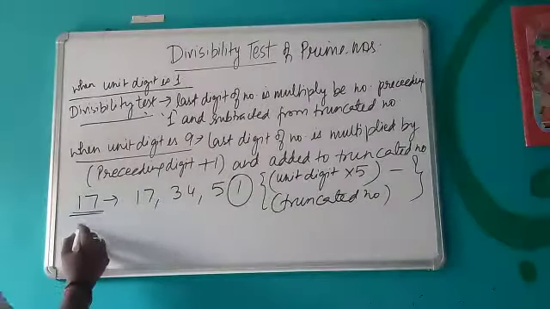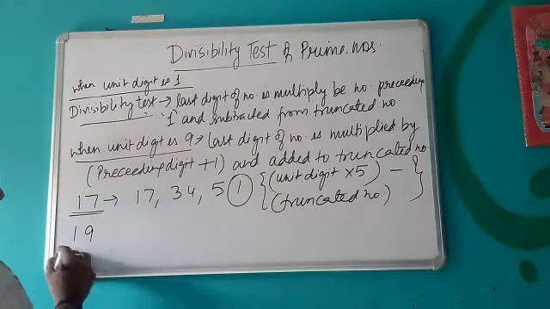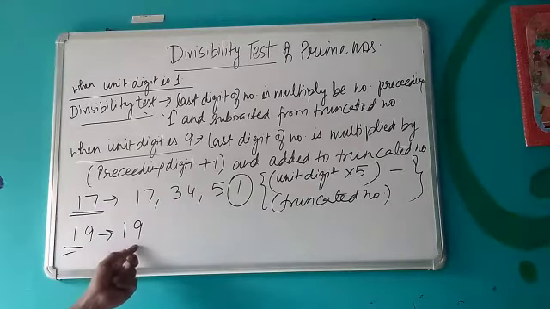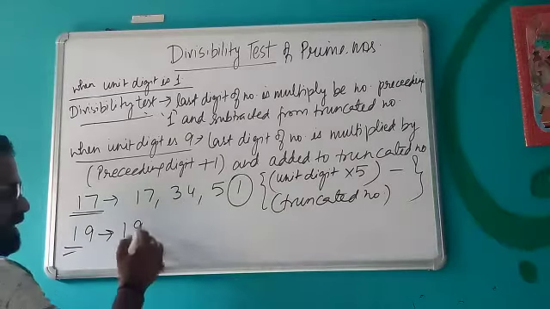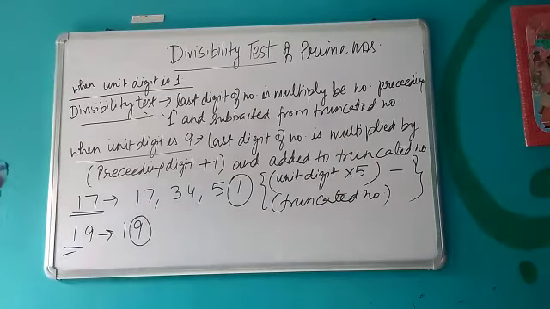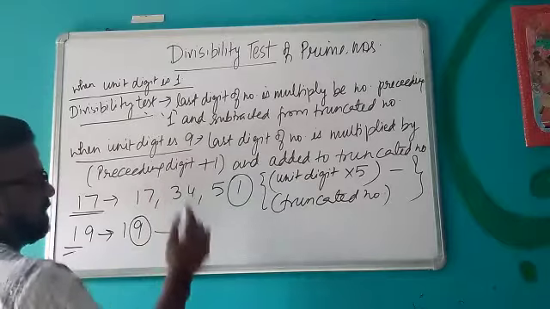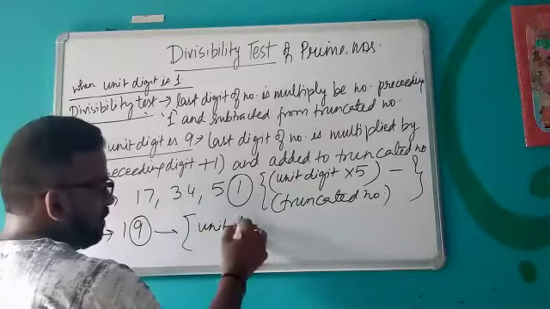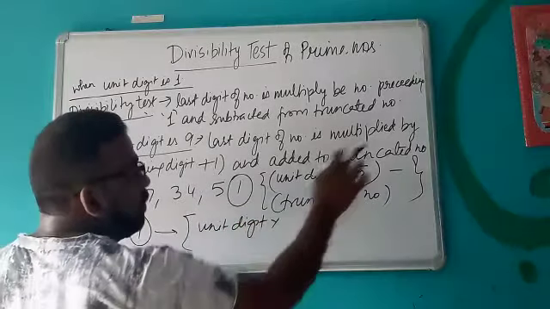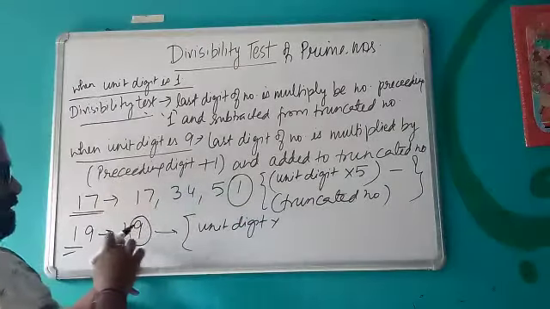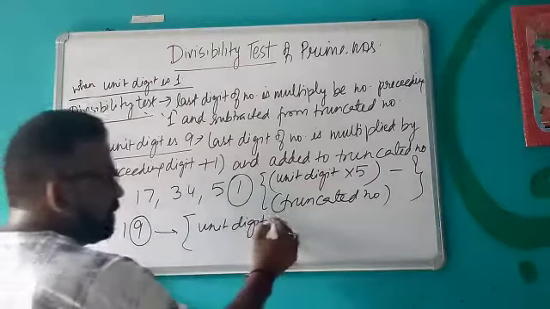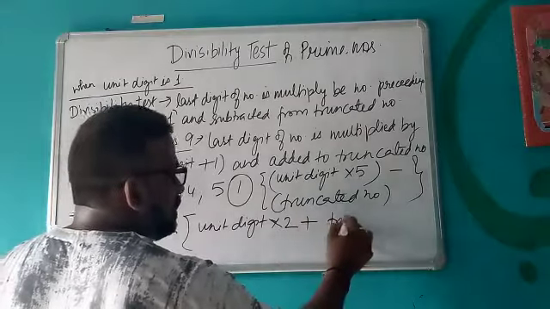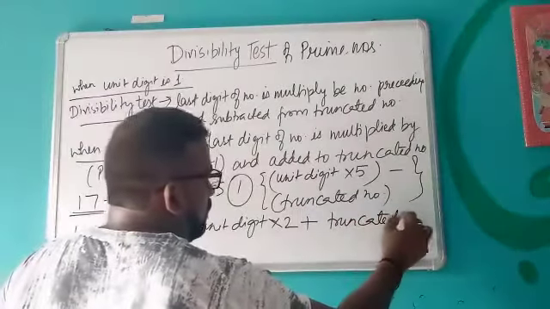Suppose you want to calculate the divisibility test of 19. 19 ones are 19, so here it is 9. Its divisibility test will be unit digit into the preceding digit plus 1. The preceding digit is 1, 1 plus 1 is 2, so unit digit into 2 plus the truncated number.